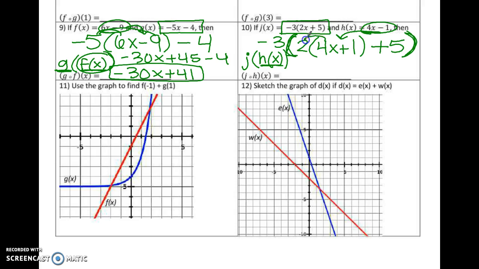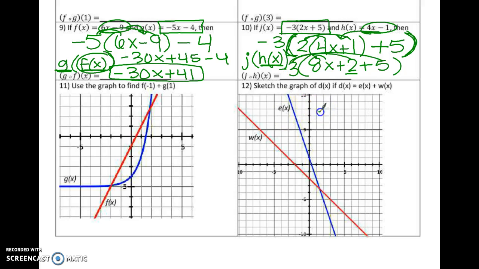So from here, I would distribute the 2 just to the parentheses. We'd have 8x plus 2, and then plus 5. That's still in parentheses with a negative 3. And from there I could distribute the 3, or I could combine 2 and 5. Let's go ahead and distribute the 3 and then we'll combine.